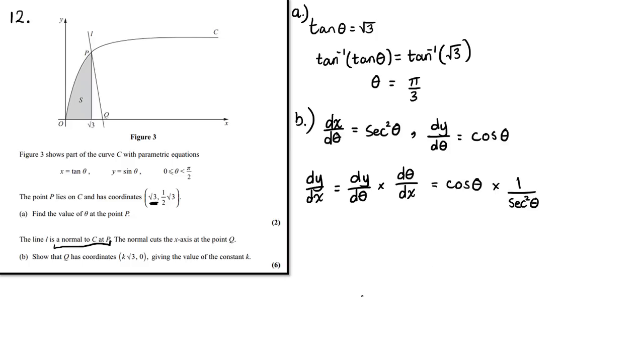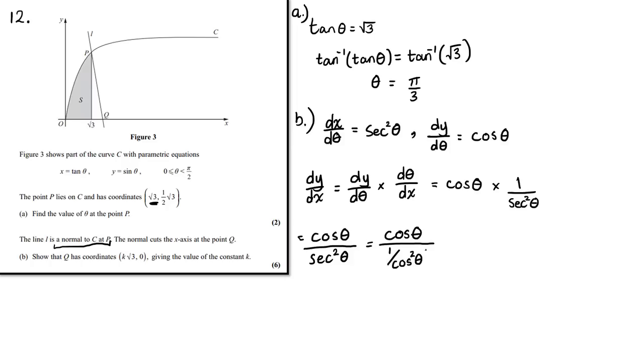So now what I've got here is cos theta all over sec squared theta. And remember, sec squared theta is the same as 1 over cos squared theta. So what I've got here then is cos theta all over 1 over cos squared theta.